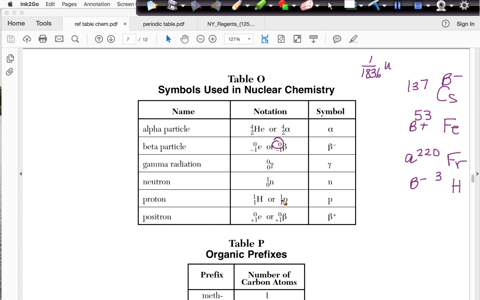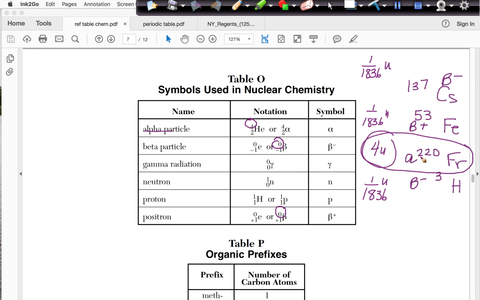B+, or positron, also has a mass number of 0, which is the same mass as the beta particle, but the alpha particle has a mass number of 4, which means that its approximate atomic mass is 4 atomic mass units. So francium-220, which emits alpha, emits particles with the greatest mass.